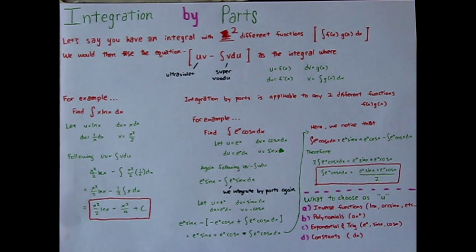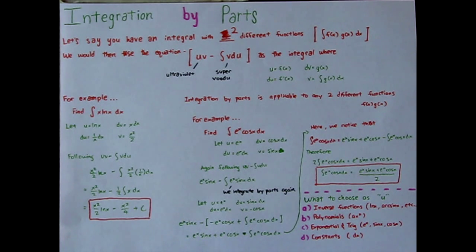From there, we would use integration by parts again, and let u equal e to the x and dv equal sine x dx, where we would derive and integrate, and come to e to the x sine x minus the bracketed negative e to the x cosine x plus the integral of e to the x cosine x dx.